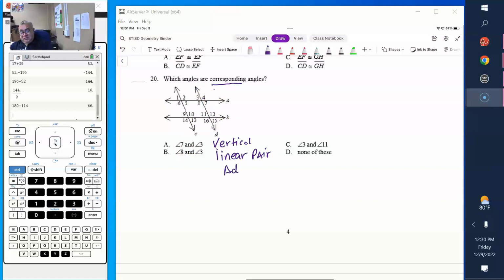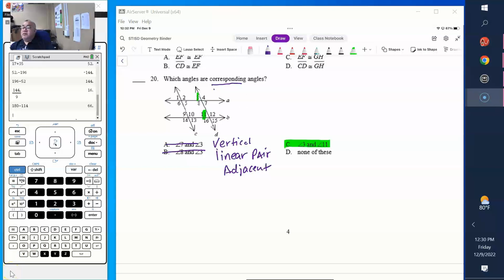They're also adjacent. 3 and 11, you see how here is the transversal, here is a line, here is a line. These are corresponding angles, 3 and 11. So your answer is C. So A is wrong, B is wrong. Make sure to always eliminate your wrong answers.